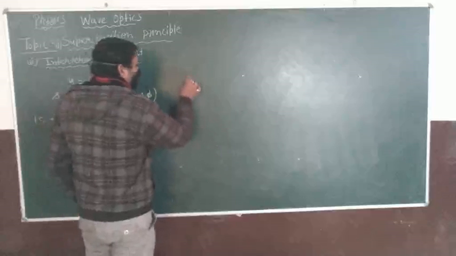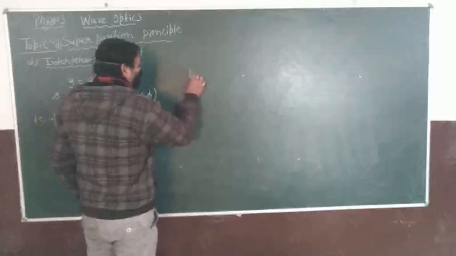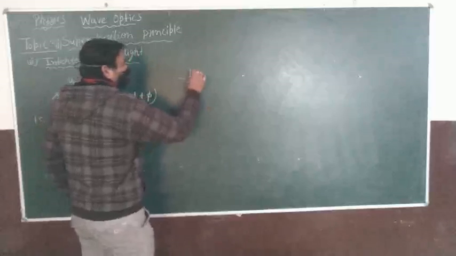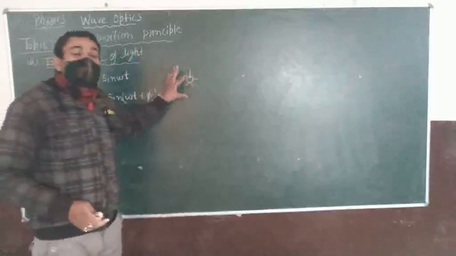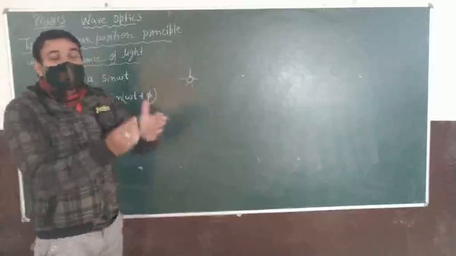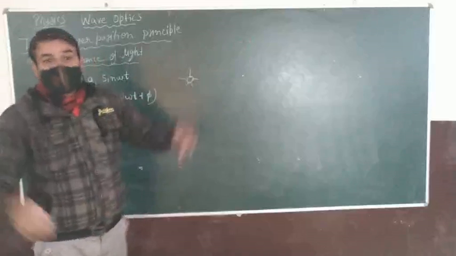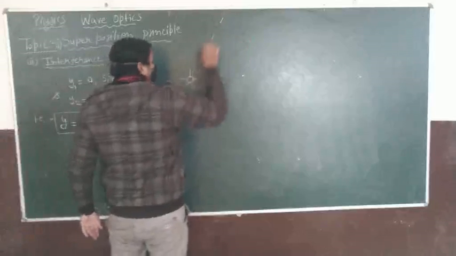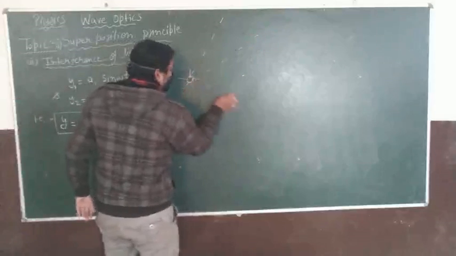Suppose we have a source of monochromatic light that produces light waves which spread out as the distance increases.